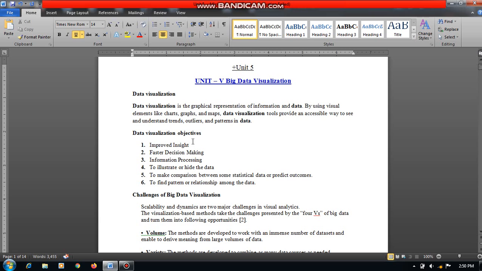Because of these techniques, you can find the patterns or relationships among the data. This is a very useful method to define the relationship between different data. Also, to make comparisons between statistical data or to predict outcomes.